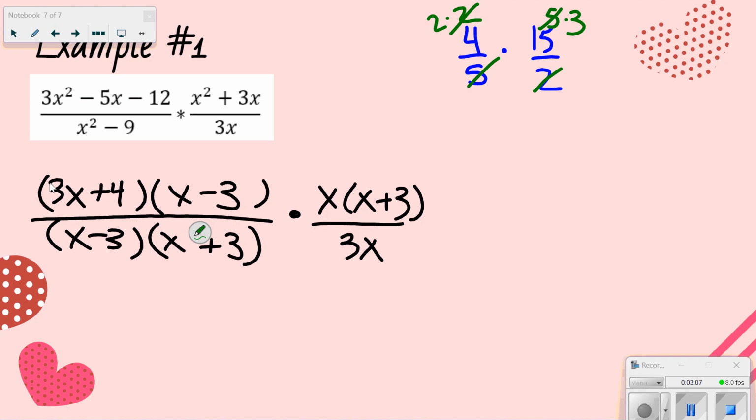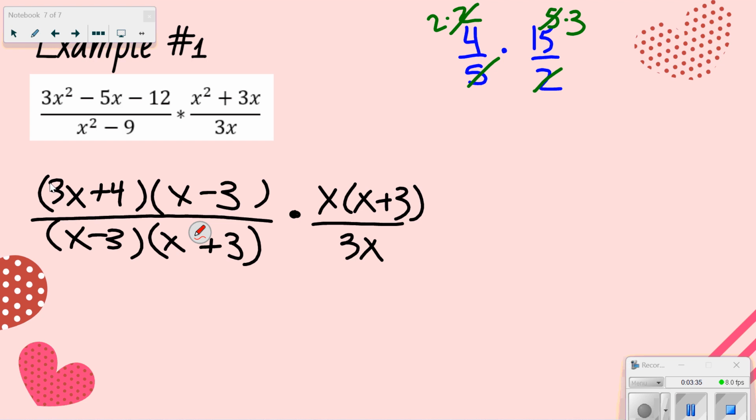So thinking about from here, if you're going to simplify this expression, I can simplify anything across my numerator and denominator as long as they have a common factor. It doesn't have to be from the same fraction. It can be across both fractions, as long as you're dividing by a common factor in the numerator and denominator.